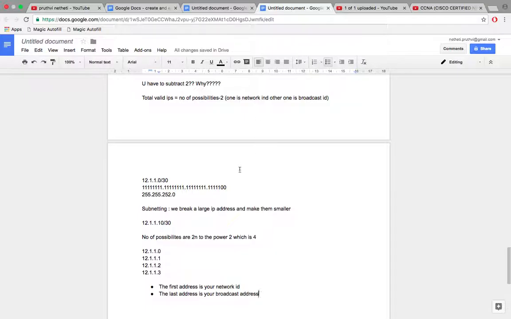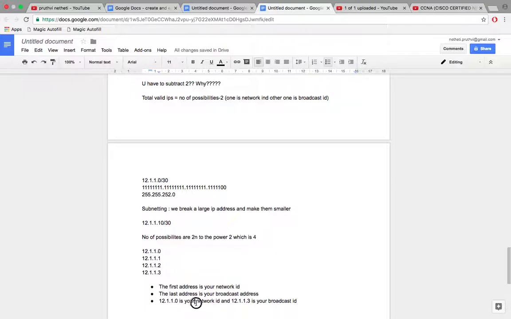So 12.1.1.0 is your network ID, and 12.1.1.3 is your broadcast ID.